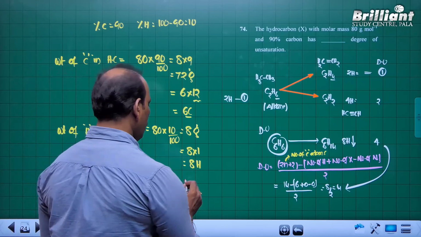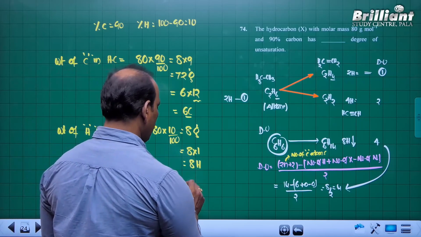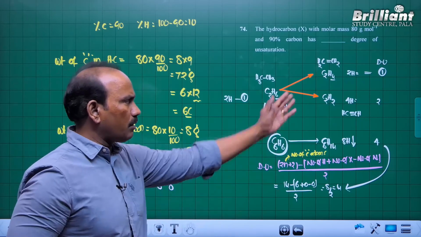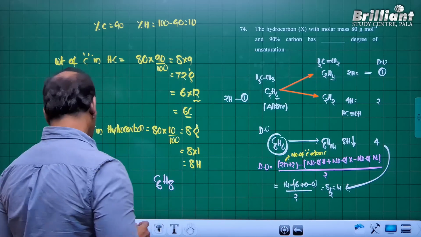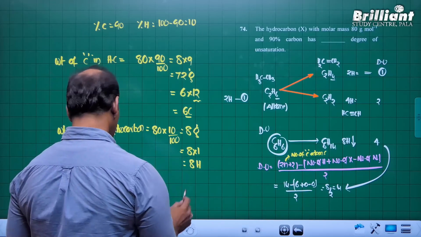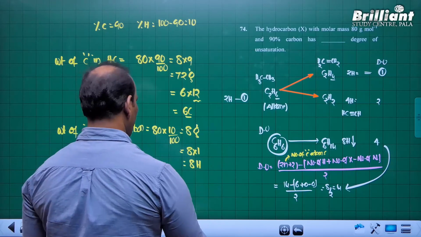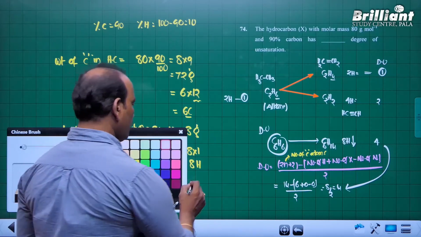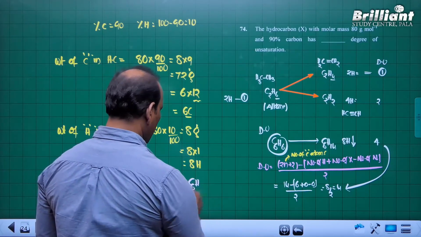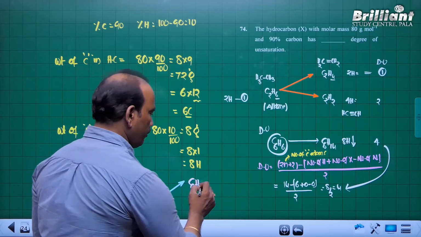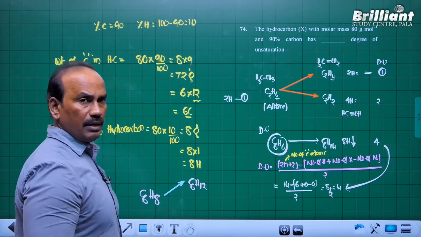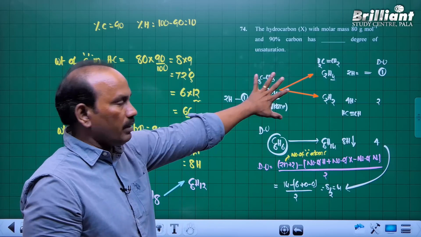What is its DU? Compared to alkane, how many hydrogens are less? Format 1: C6, double plus 2, that is 14 for the alkane.